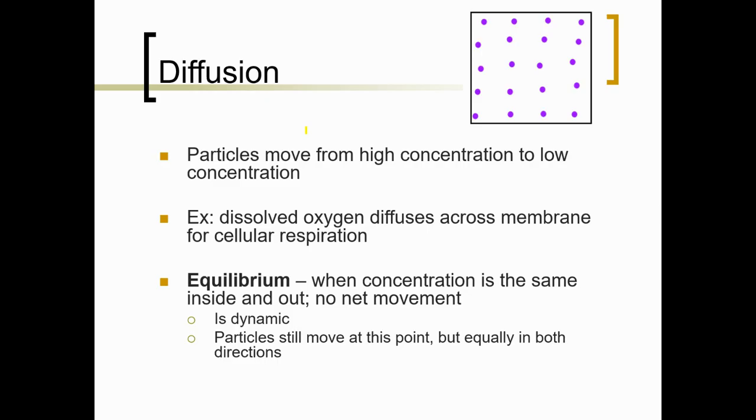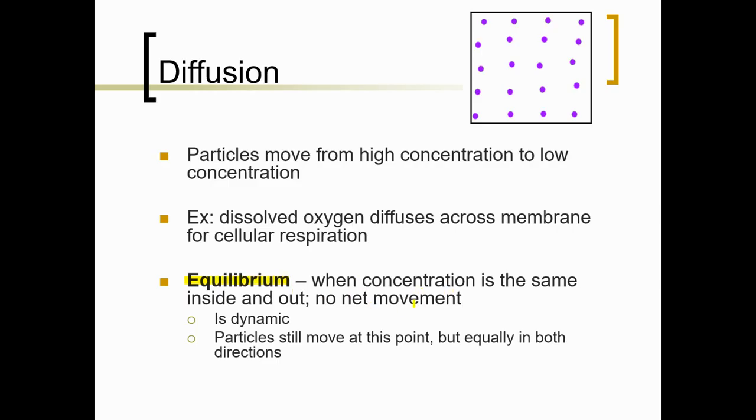If they can go across that phospholipid bilayer, they're just going to move on across. Anytime there's a difference in concentration, they're going to move from high to low. So like oxygen can easily diffuse across the cell membrane. Salts can move pretty easily because they're small. And so when these molecules are moving, they are going to move from high to low, and they will continue moving until they reach equilibrium.